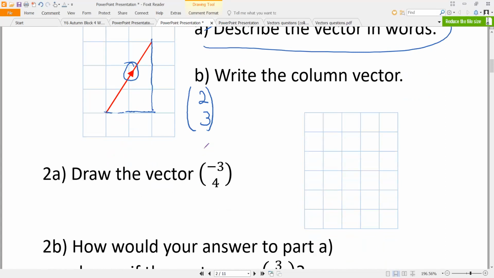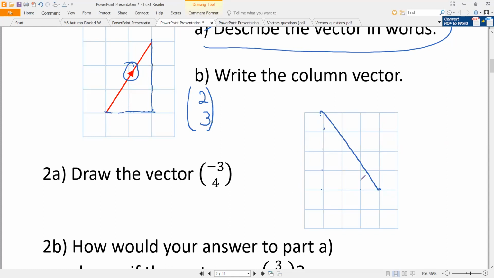Now it says draw the vector -3, 4. So let's assume that this is your starting point. -3 will be 1 step, 2 steps, 3 steps, and then 4 up. 1, 2, 3, 4. As you can see, you have to connect a line from this place down to this place.